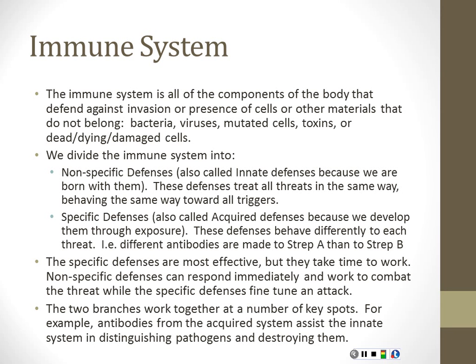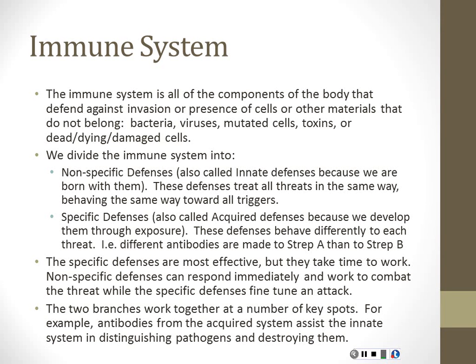Whereas on the acquired branch, each pathogen gets a different response. So that's how we call it specific and nonspecific. In other words, each pathogen gets a specific, individualized response, where here, all the attacks are the same on any group of pathogens.